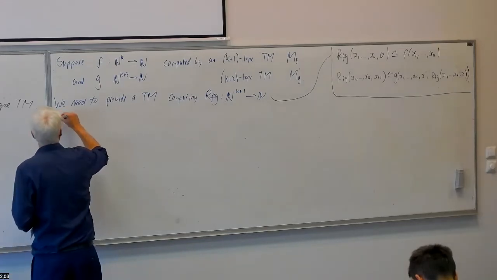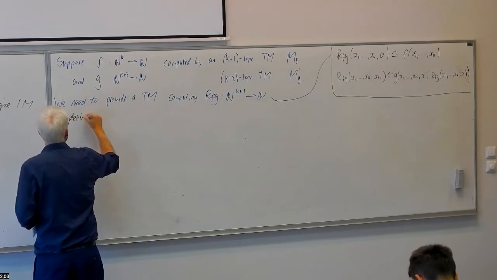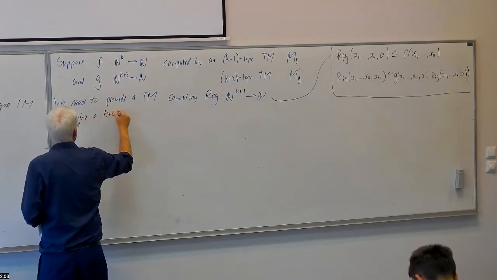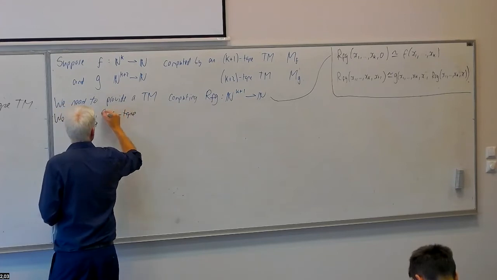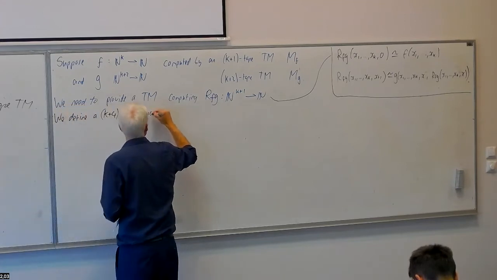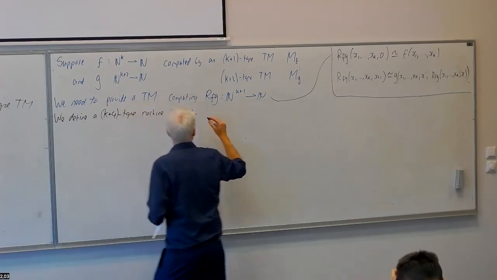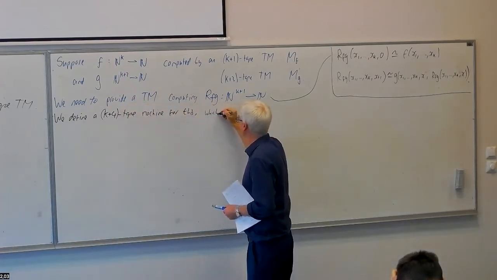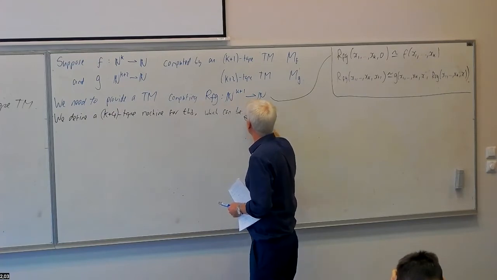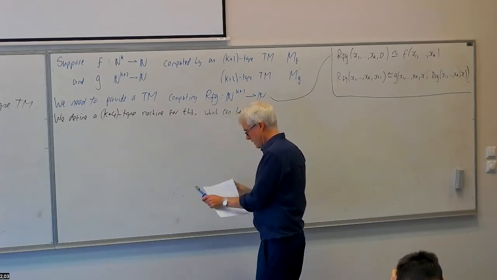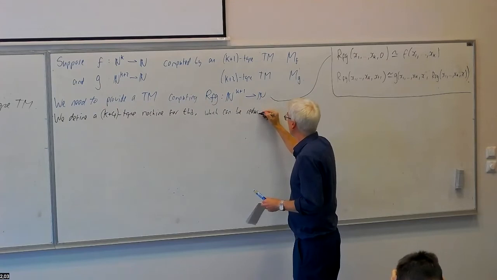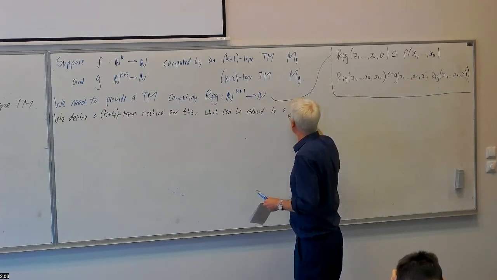So we define a k plus 4 tape machine for this, which can be reduced to a k plus 1 tape machine.